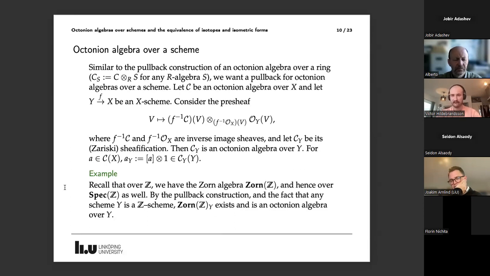And then, since every scheme is a scheme over the integers, which follows from the fact that any ring is an algebra over the integers, and any scheme is made up of affine schemes, it follows that we can make this pullback from the Zorn algebra over the integers to an octonion algebra over our scheme Y.